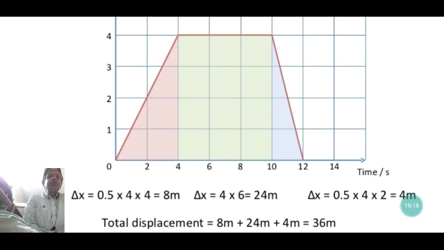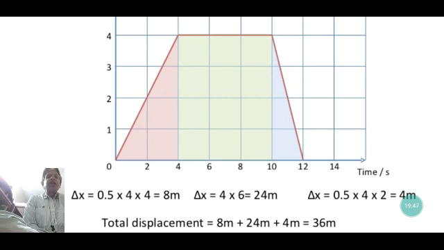For the green rectangle, the time is 10 minus 4, that is 6, and the velocity is 4 here.